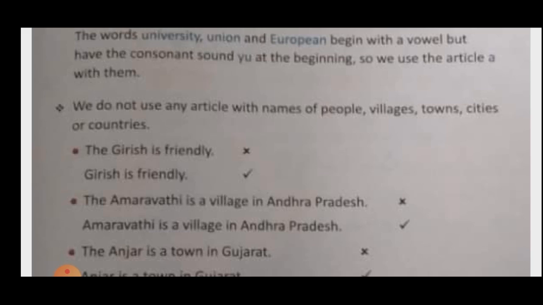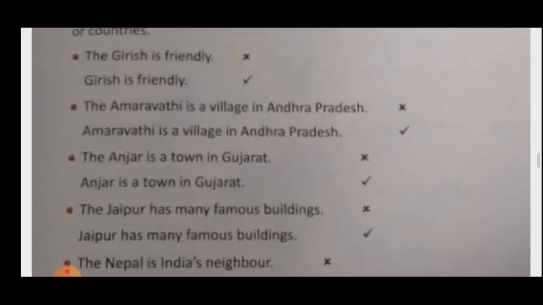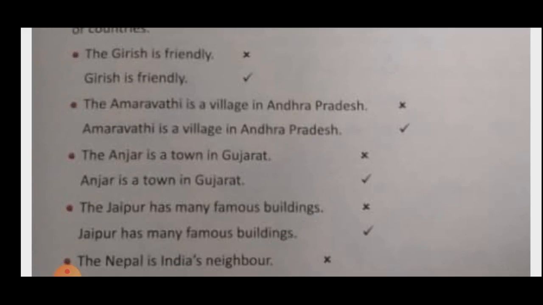It is wrong. You have to say Girish is friendly because Girish is the name of a person. Next is the Amravati is a village in Andhra Pradesh. It is wrong. You have to say Amravati is a village in Andhra Pradesh because Amravati is the name of a village, so we will not put the before the name of a village.